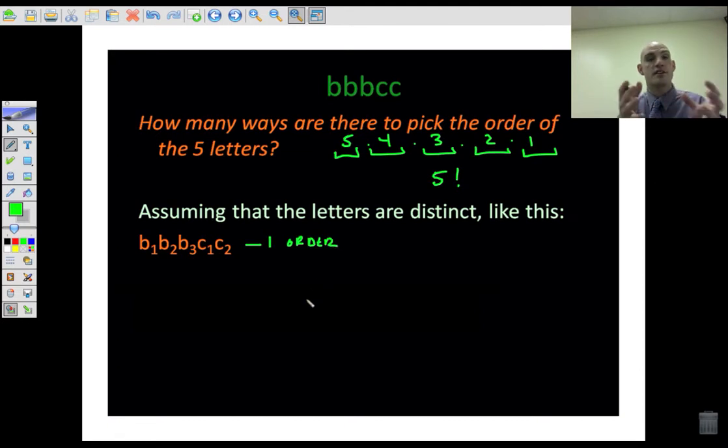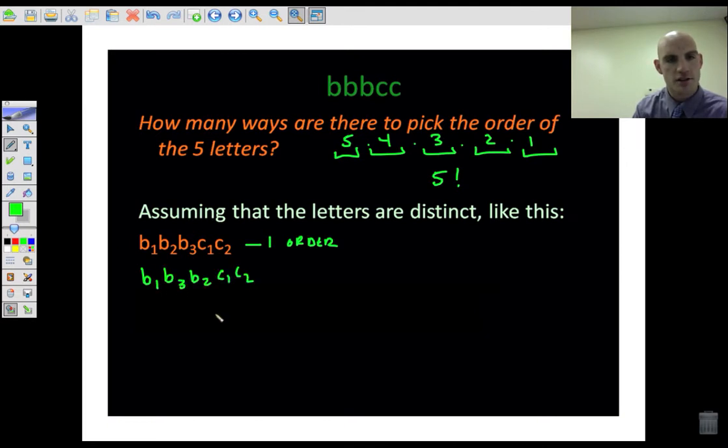But if we consider the fact that we could arrange the orders of the B's, we could have B1, B3, B2, C1, C2. Or we could have B2, B3, B1, C1, C2. Or we could have B2, B1, B3, C1, C2. Or we could have B3, B2, B1, C1, C2.